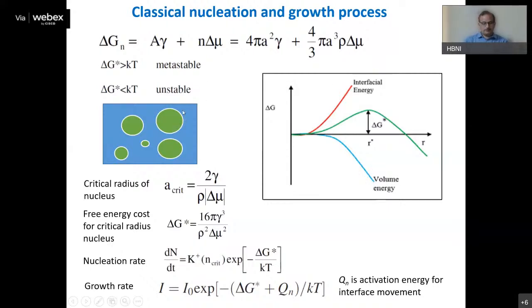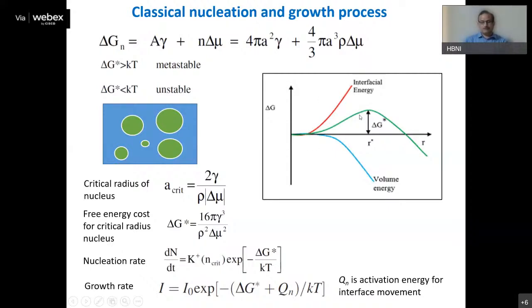But the interface between phase 1 and phase 2 will have a positive contribution to the free energy, because this will have some structure which will be relatively more disordered in comparison to the first and second phase. So the surface part will have a positive contribution.